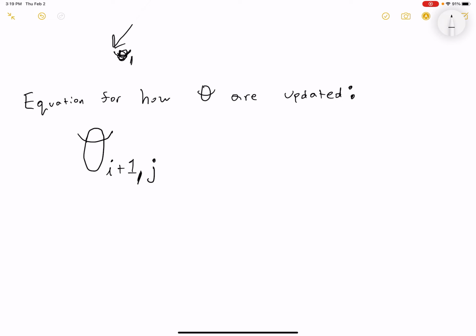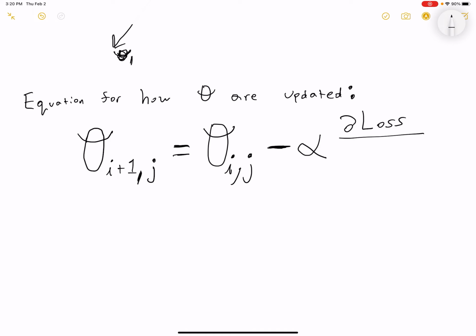It is equal to the parameter value at the previous time step, minus, because we want to move in the direction opposite of the gradient as we saw pictorially, some hyperparameter called alpha, which is a new hyperparameter, times the partial derivative of the loss function with respect to that jth parameter.